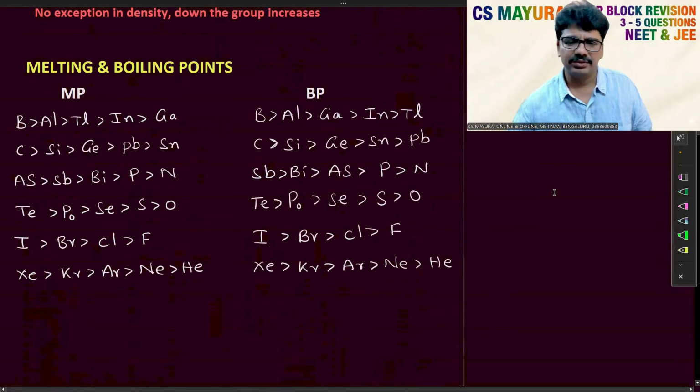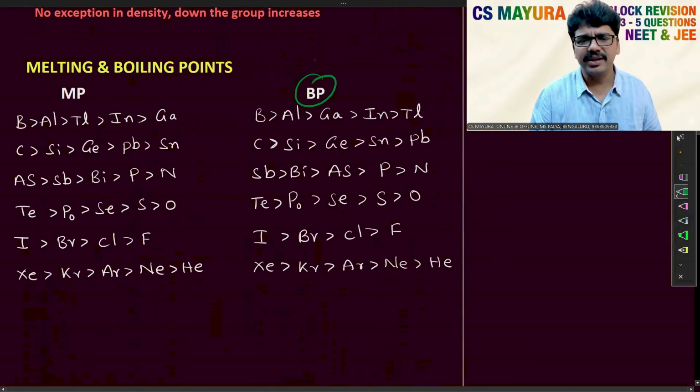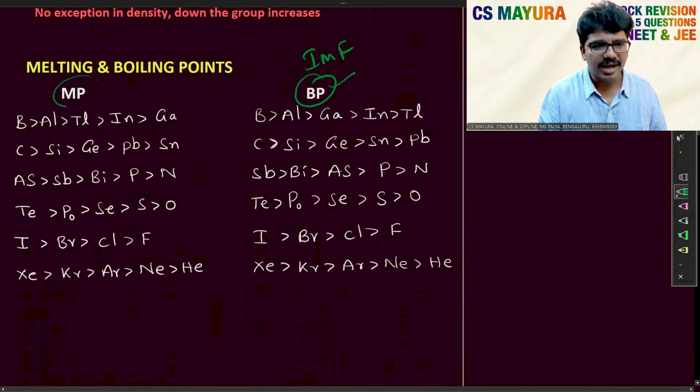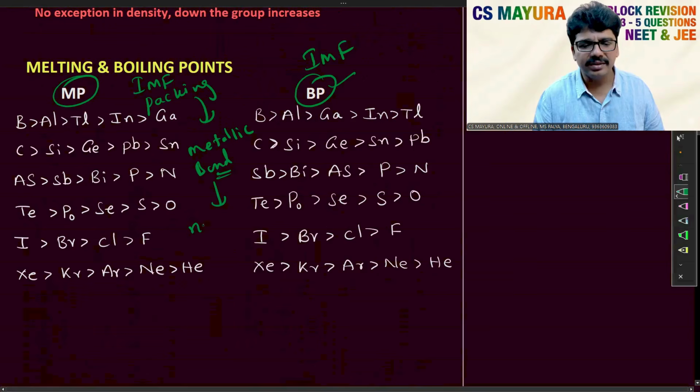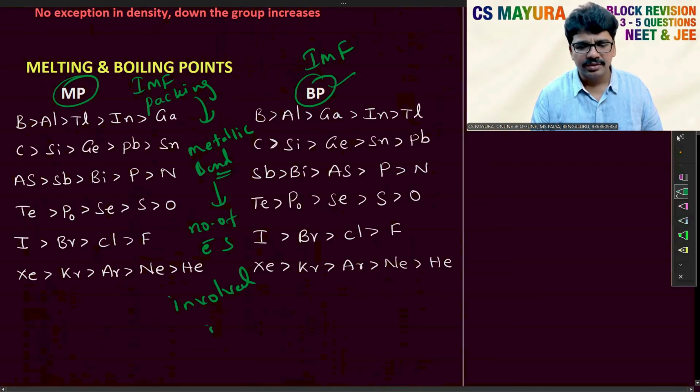Melting and boiling points. First of all, this melting point depends on intermolecular forces. Boiling point depends on intermolecular forces. And melting point depends on intermolecular forces and packing. This packing depends on, if they are metals, on metallic bond. This metallic bond depends on number of electrons involved in metallic bonding.